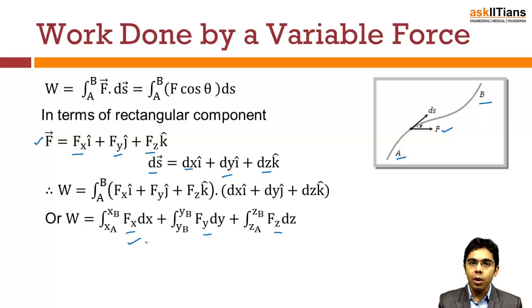So we take the limits only from xA to xB, which is the displacement along the x direction. Similarly, this goes for y and z. For the second and third terms, we take the limits yA to yB and zA to zB.